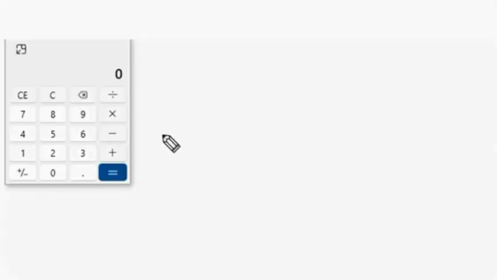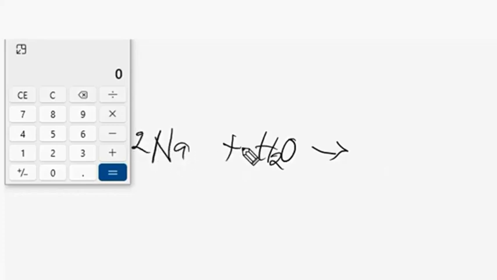We're going to have, so if I make this 2 and I make this 2, I'll have sodium hydroxide, which is alkaline, plus hydrogen gas. So guys, that's it for this question.